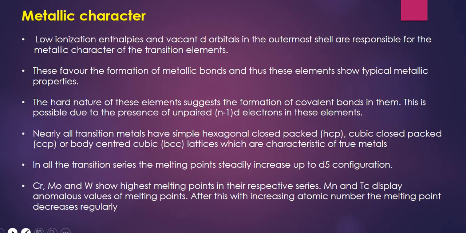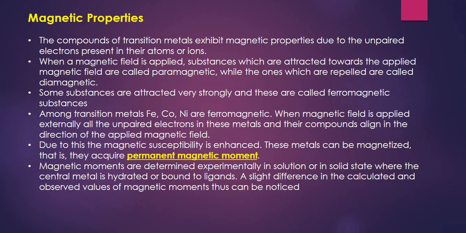Now the next property is magnetic properties. The compounds of transition metals exhibit magnetic properties due to unpaired electrons present in their atoms or ions.